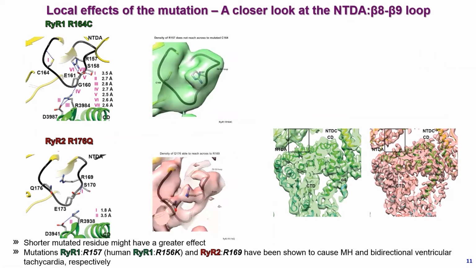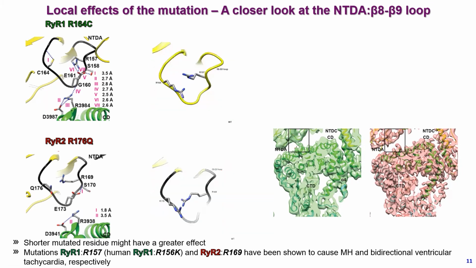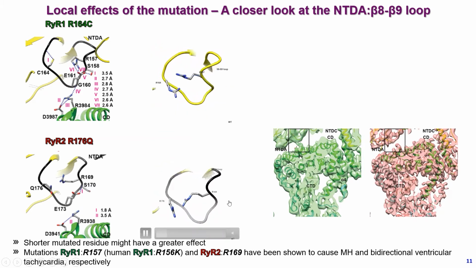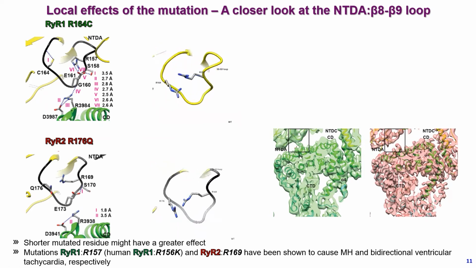This indicates that the shorter mutated residue has a greater effect. What's even more interesting is that the two arginine residues, 157 and 169 in RyR1 and 2, have also been linked to malignant hyperthermia and bidirectional ventricular tachycardia.